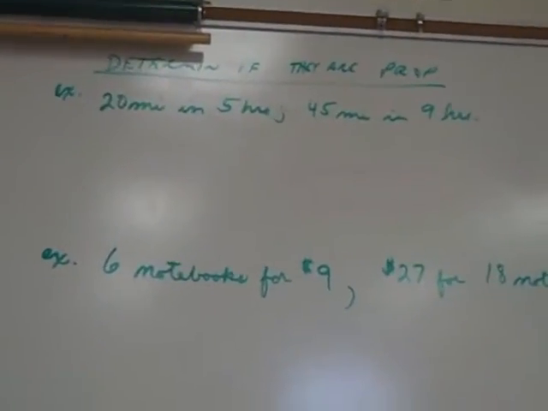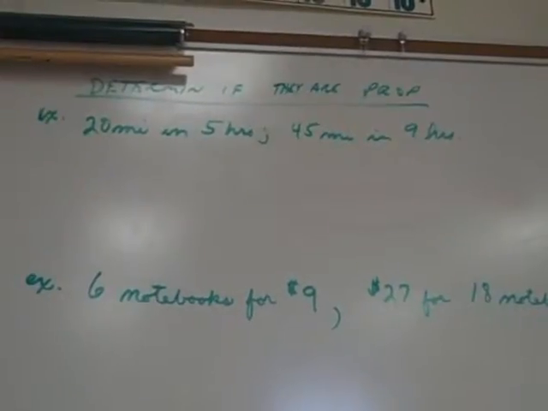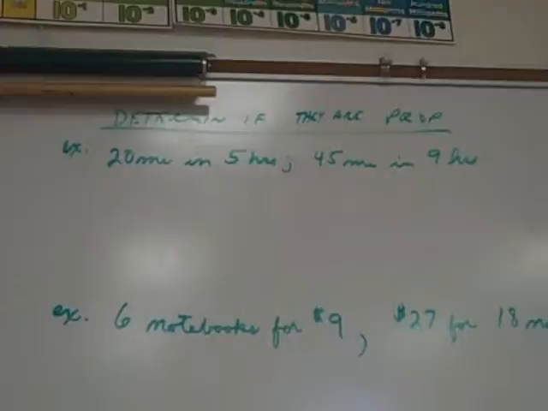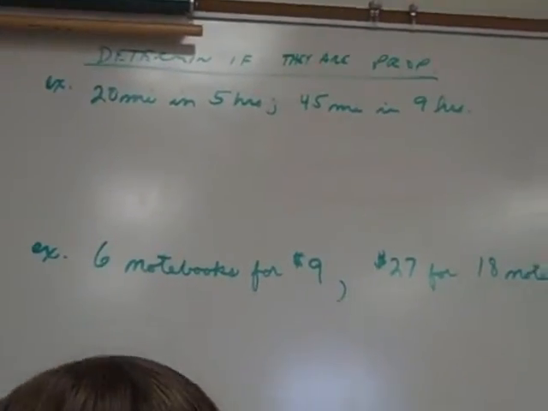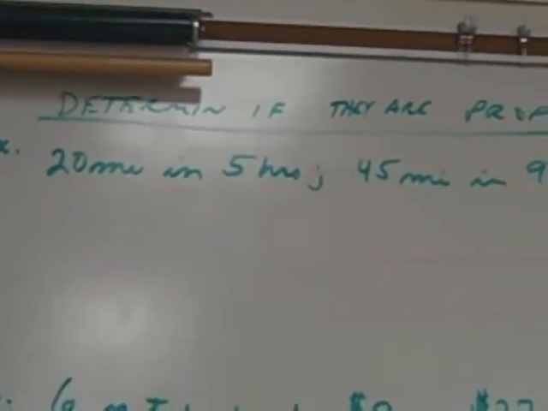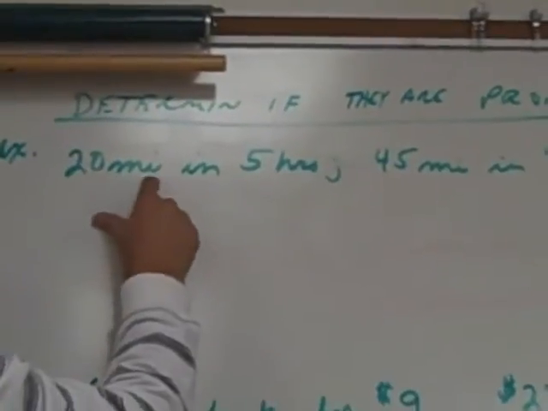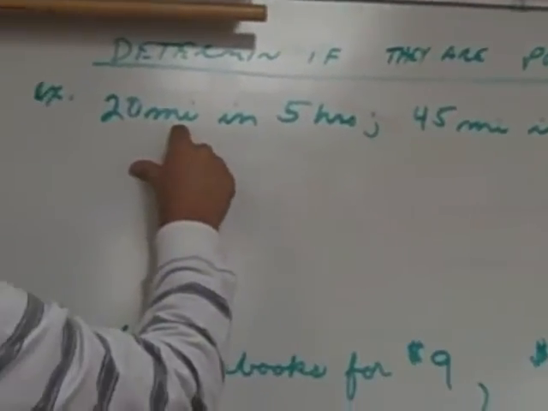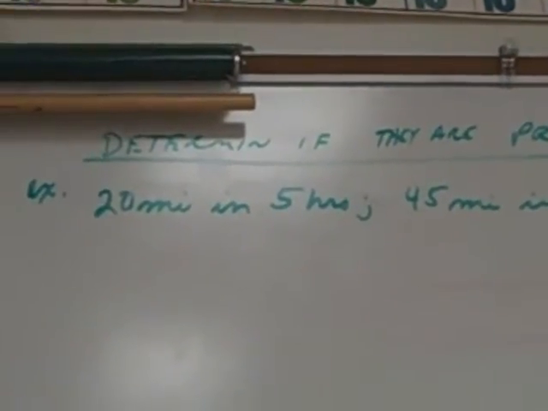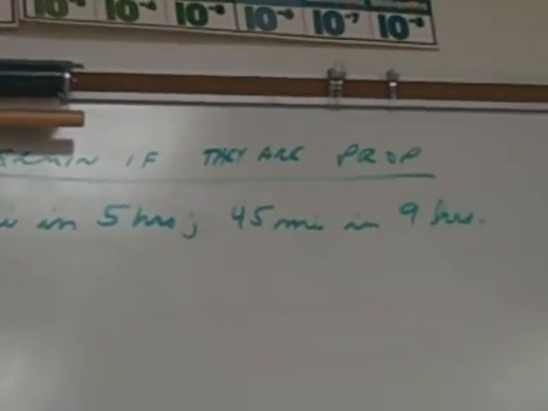Read the first one for me, brother. 20 miles in 5 hours. That's not minutes. It doesn't have an end on it. Miles. Thank you very much. Now go ahead. 20 miles in 5 hours and 45 miles in 9 hours.